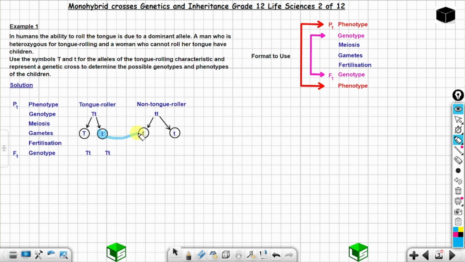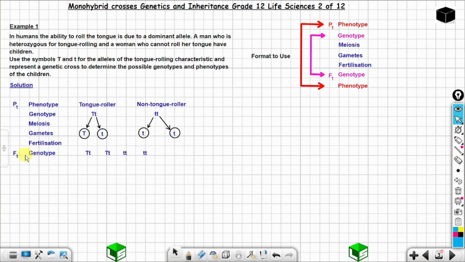You cross with this. Okay, you are going to have this, this and this. Okay, and then now this and this. You are going to have this. Okay, this and this. You have this, this and this. You have this. Okay, so let's carry on.